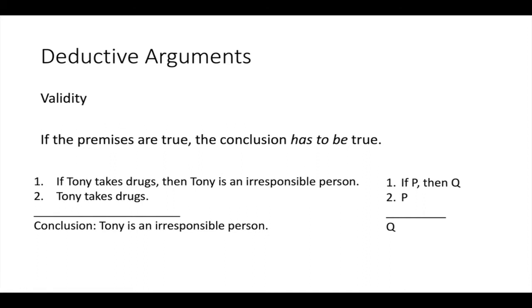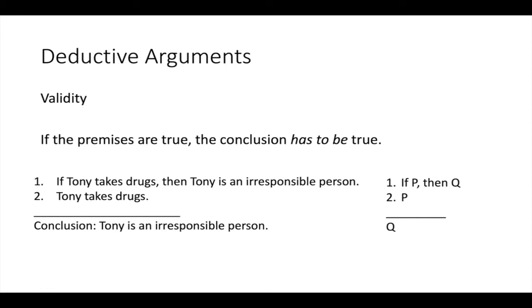I'm using Q to stand in for Tony's an irresponsible person. Okay, so here's my second premise, P, Tony takes drugs, because that's what I was using P to stand for. And my conclusion, Q, because Q, again, is standing for this sentence, Tony is an irresponsible person. Okay, so take some time to make sure you understand how I've symbolized this argument.